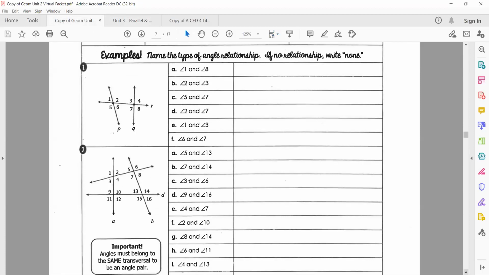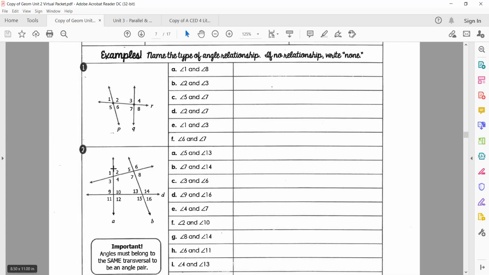So at the bottom of this page, I'm going to skip the first example because it's exactly like the diagram. It's just rotated. The second example, though, might have you scratching your head a little bit, because now you got four lines and you're going, okay, well, which one of these is the transversal? Well, it depends. Remember, the definition of transversal is a line that cuts through two or more other lines.